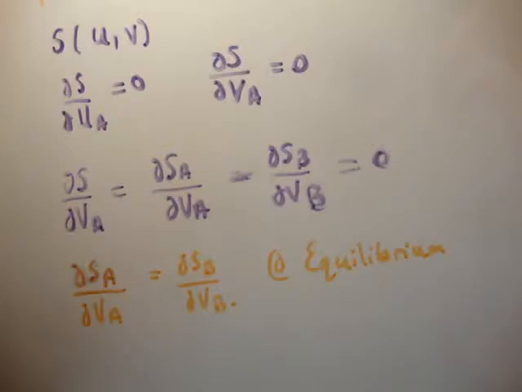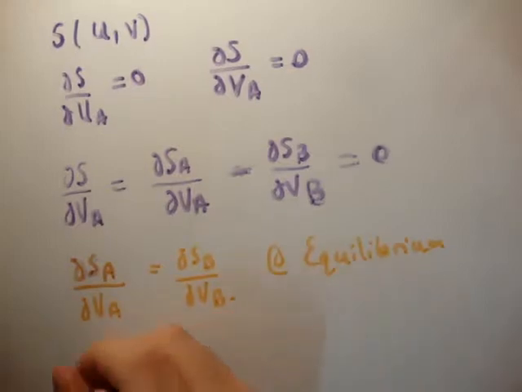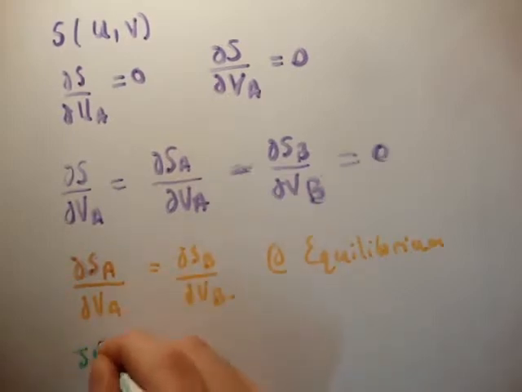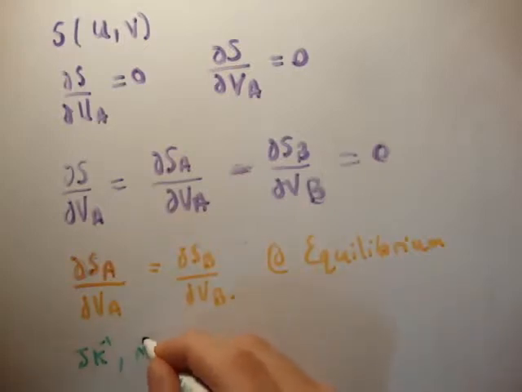Let's look at the units of it. We know the units of entropy are joules per Kelvin, and we know the units of volume are meters cubed. So del S del V is going to be, if you put it down into its most basic format, joules per Kelvin over meters cubed.